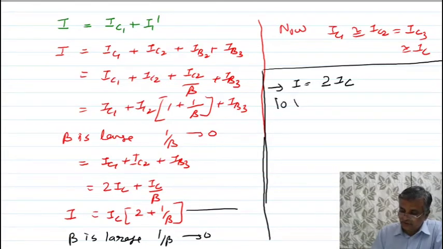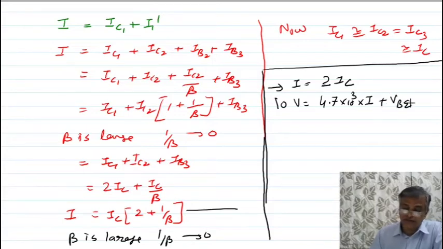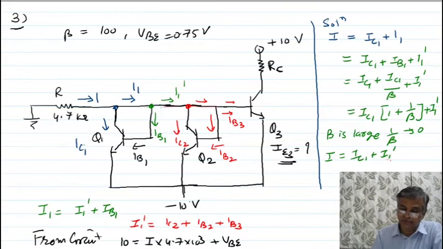So I can write 10 volt is equal to 4.7 kilo ohm into current I plus VB. VB is how much they have given? VB they have written 0.75. If I am not making a mistake, they have written 0.75. Yes, 0.75.